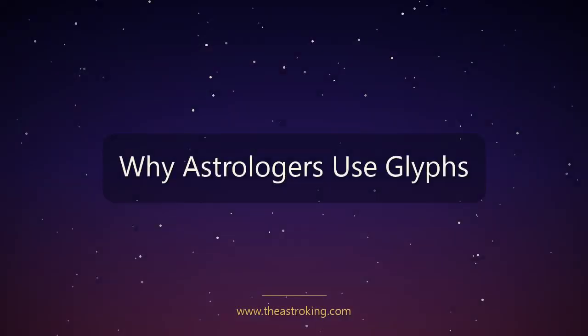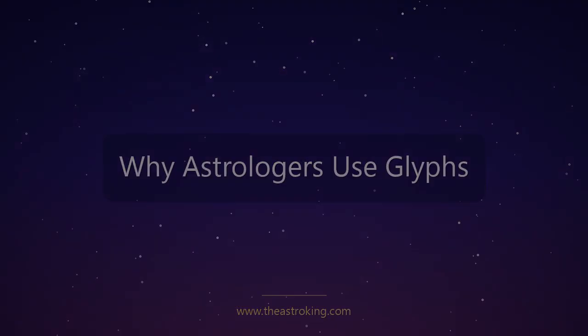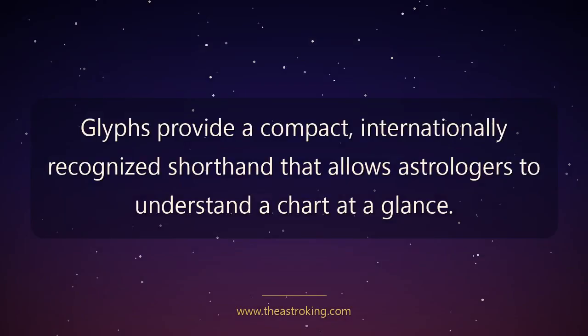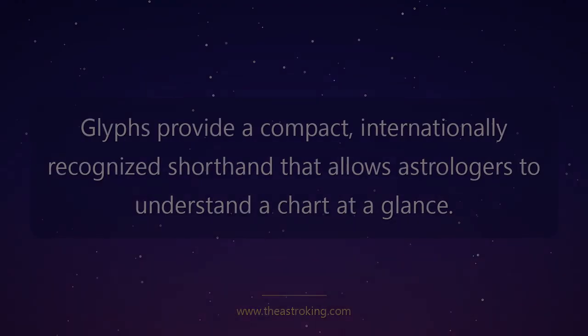Why astrologers use glyphs. Modern natal charts often contain dozens of planetary positions, house cusps, and aspect lines. Writing every planet and zodiac sign by name would make charts difficult to read. Glyphs provide a compact, internationally recognized shorthand that allows astrologers to understand a chart at a glance.